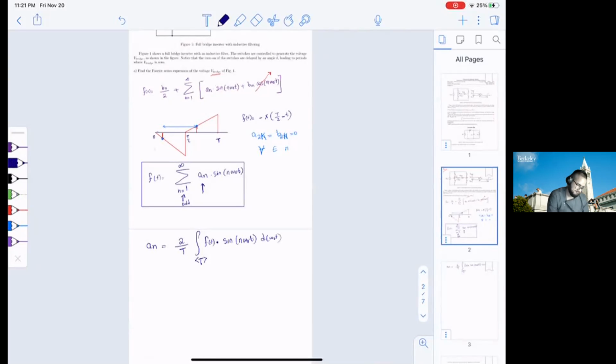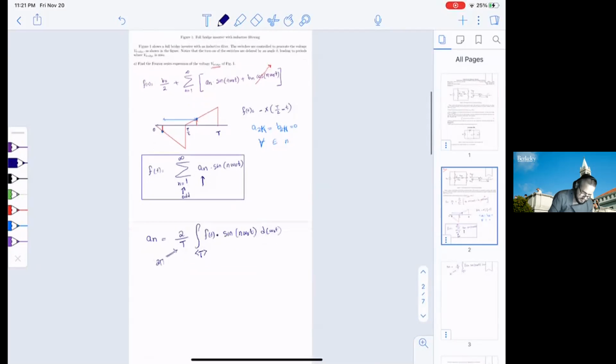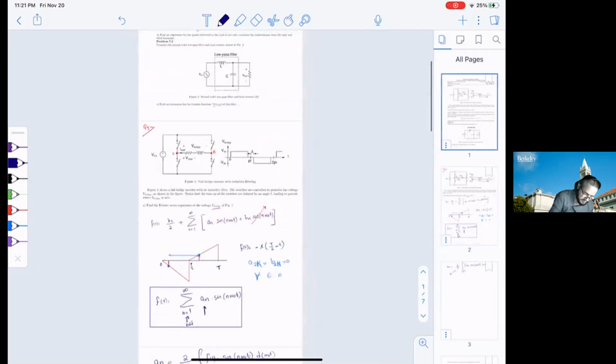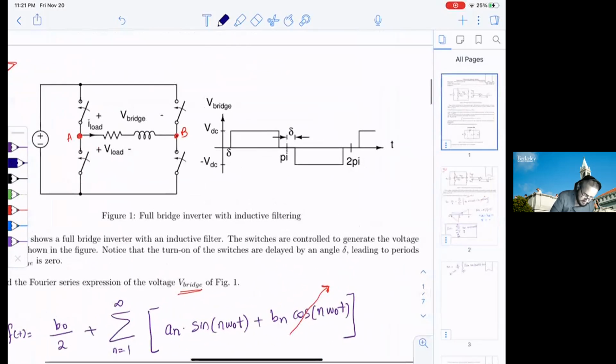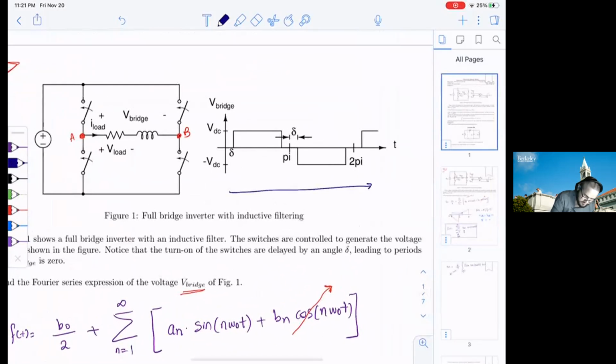Now for us, we know that T is equal to 2 pi. Also looking back at this function, if I'm going to take the integral from here to here, I know that this is the same thing as this one.